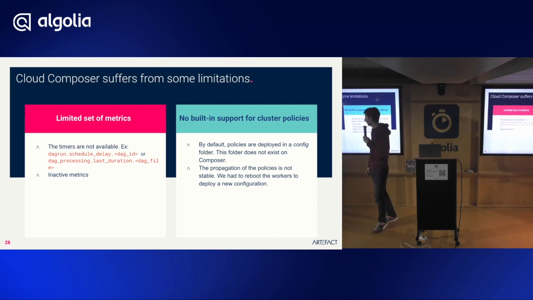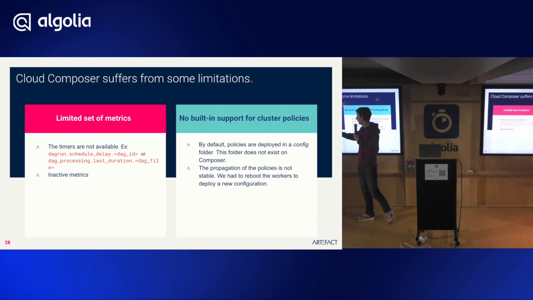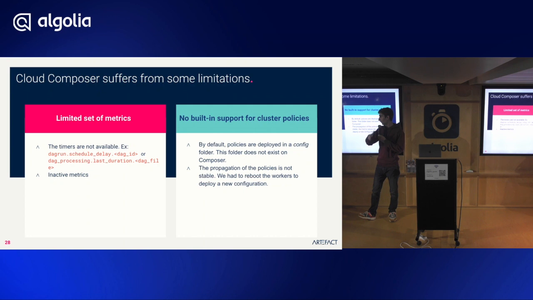A few examples of that. All the timers are not available. So of the metrics, you have the gauges, the counters, and the timers, and the timers are all not available on Cloud Composer. So things like the schedule delay, that is the time between the schedule and the actual execution, you cannot monitor this with Cloud Composer. This is very bad.